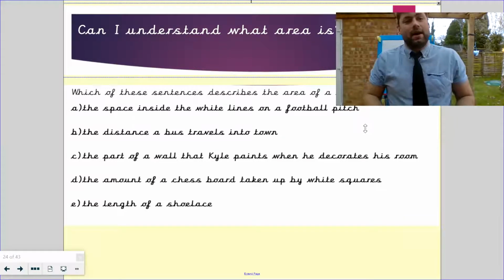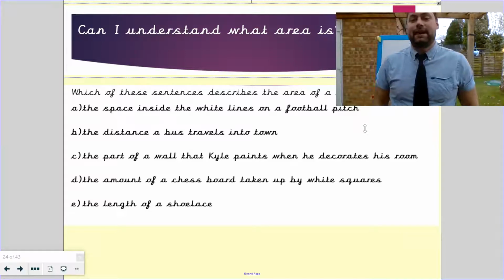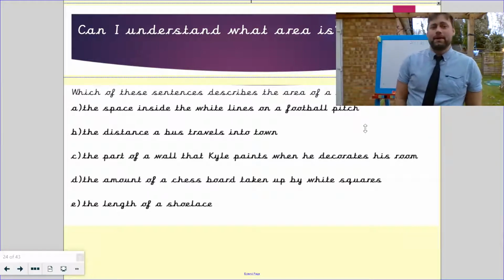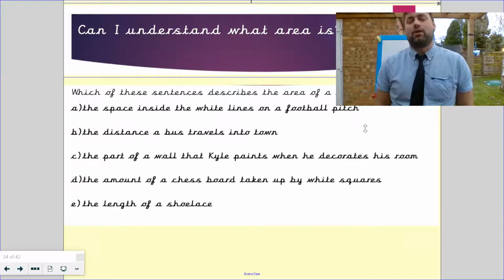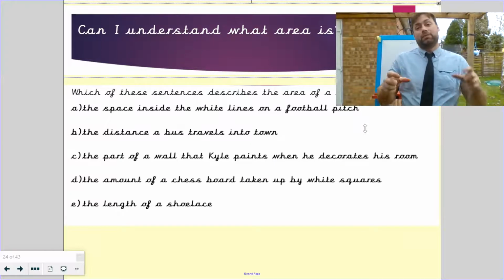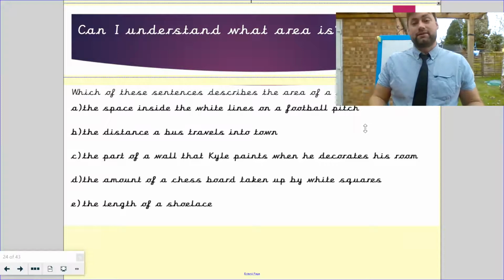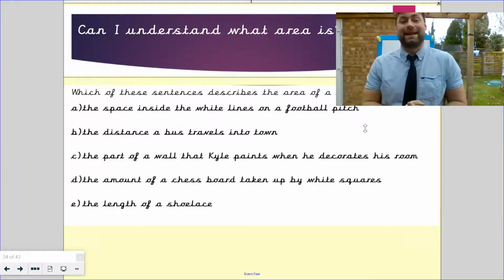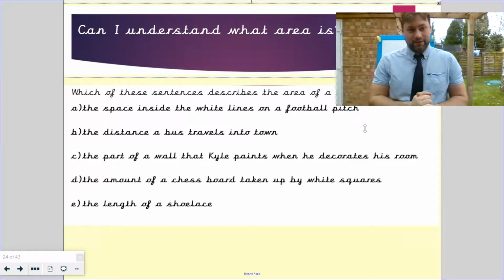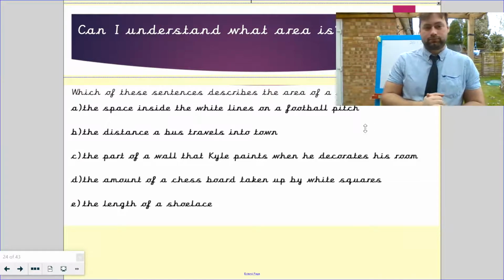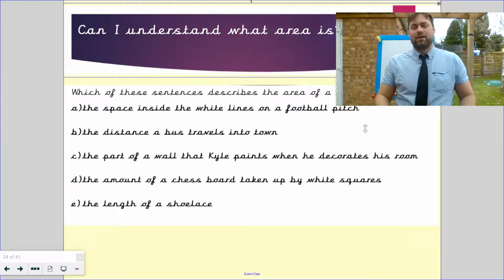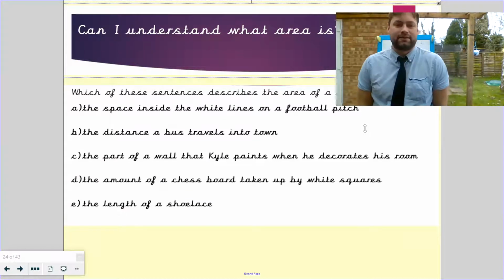So yes. The amount of chessboard taken up by white squares, that is not the best way to describe area. On a chessboard, it would be the white and the black squares. So that one is false. And then the length of a shoelace is false as well, because it's a length, not the space in between.